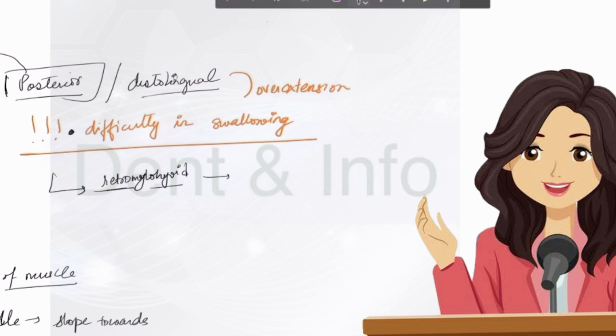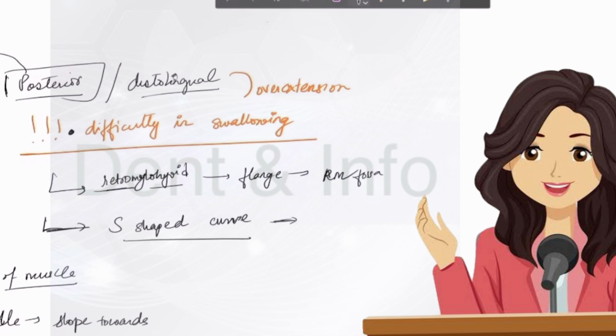From here, the flange of the denture will pass into the retromylohyoid fossa region. That means the posterior part of your denture. You see a specific S-shaped curve.